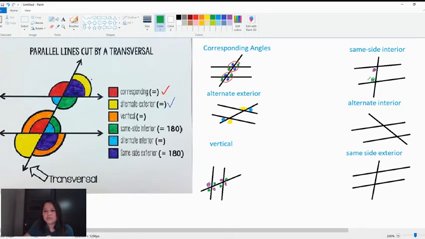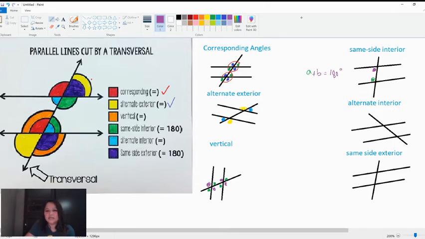Now, these two angles will not be equal. They're actually added together will be equal to 180. I'm just labeling that. So if you add them together, it's going to be equal to 180 degrees. So this is same side interior.